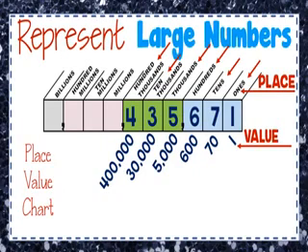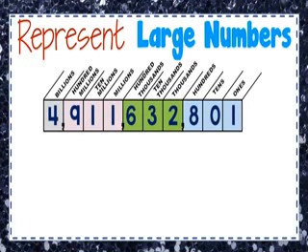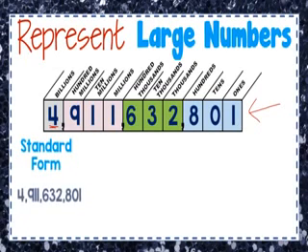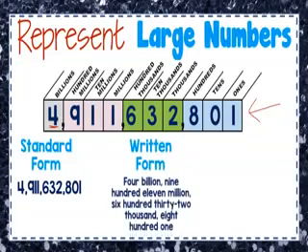Place is shown in the periods, ones, tens and hundreds, and value is the specific value of that digit in the number. Let's move towards another big number up to billions. So we are going to check this number. Just have a look. This is 4,911,632,801.